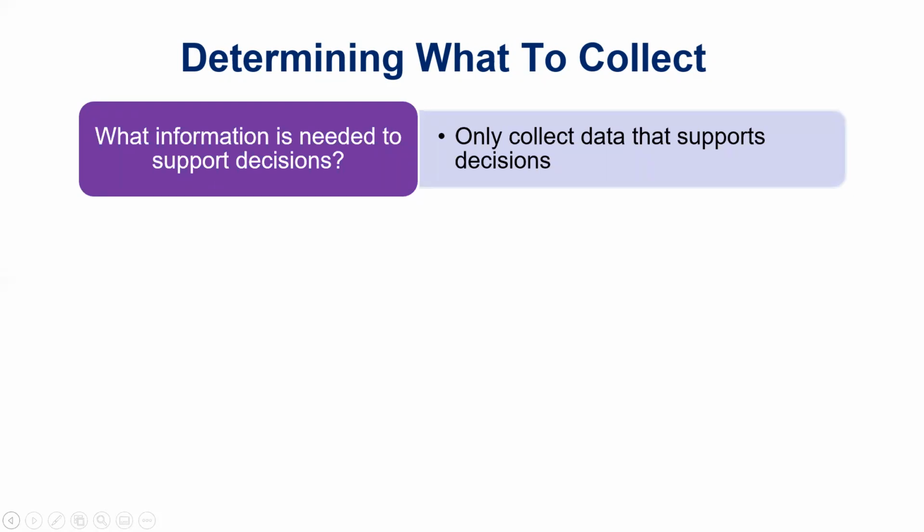In other words, I don't need nearly as much information at this level, the network level, as I do at the project level. I'll give you the example of a paved roadway.